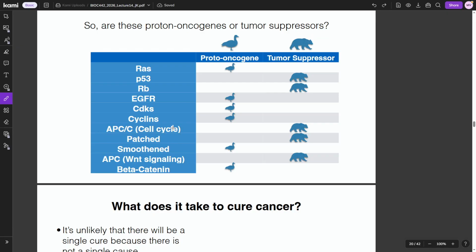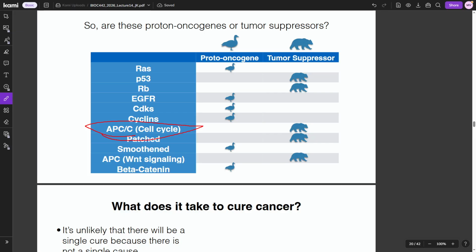APC, the anaphase promoting complex. Oh, what the heck, what just happened there? That's so weird. APC, remember, there's a very specific slide I'm thinking of, and this is actually an inhibitor. I keep saying anaphase promoting complex. Now that I think about it, I can't even remember if that's right or not.